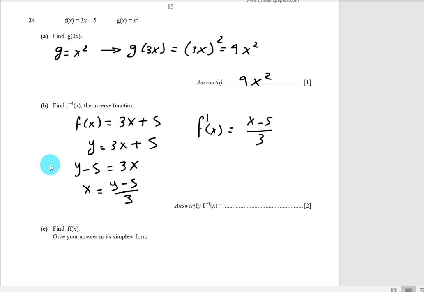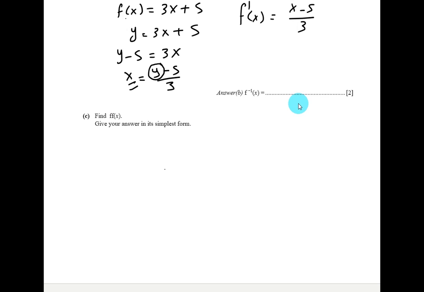We first replace f of x with y and find the value of x, the inverse. Then we replace this y with x. Now the final answer is (x minus 5) divided by 3.